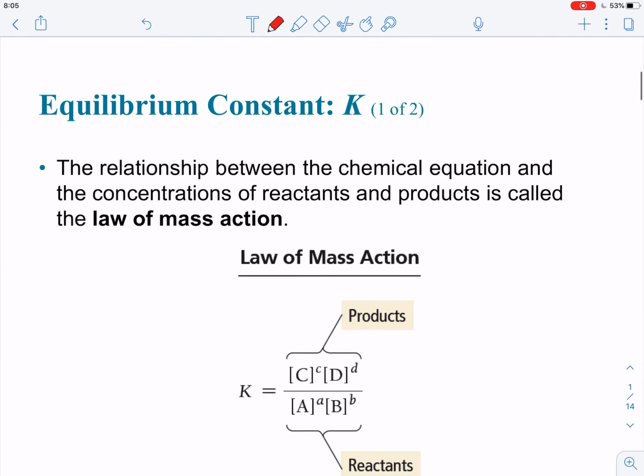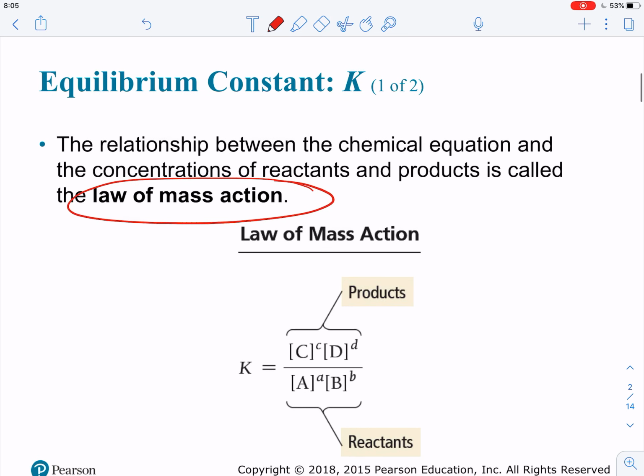Whether we call that constant coming from the law of mass action is probably a little inconsequential. You don't really have to remember that. You just have to remember how to determine that constant, how to write the expression for that constant.